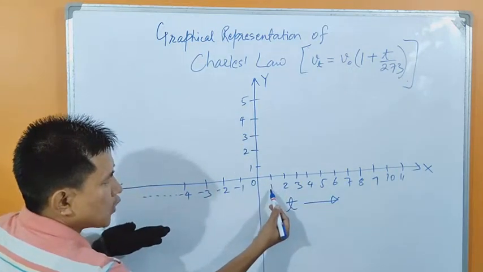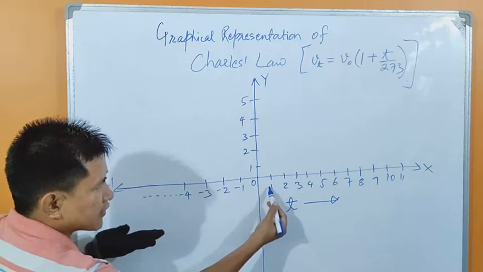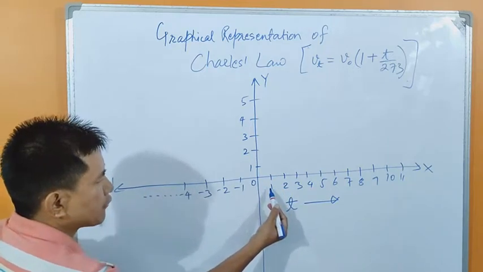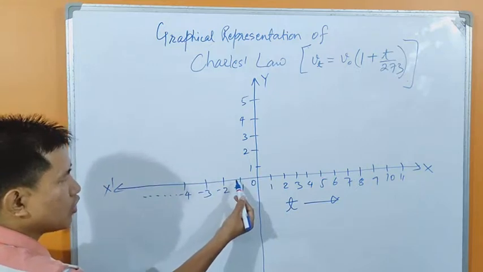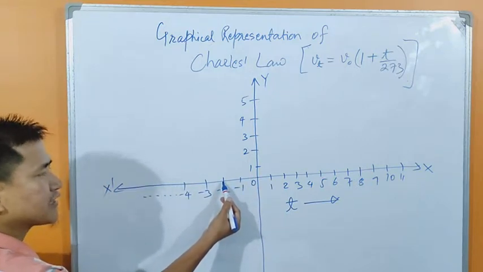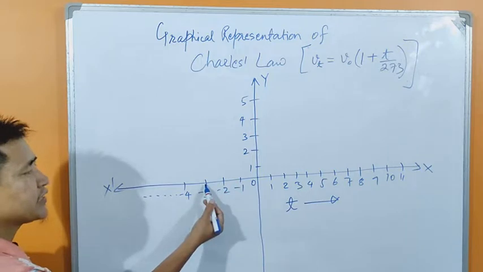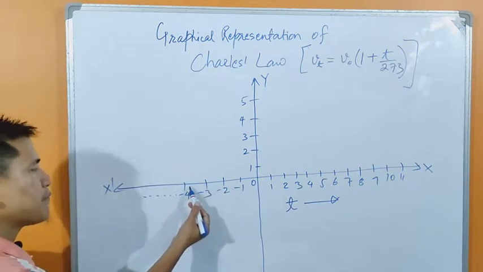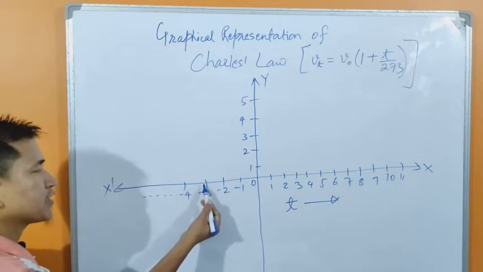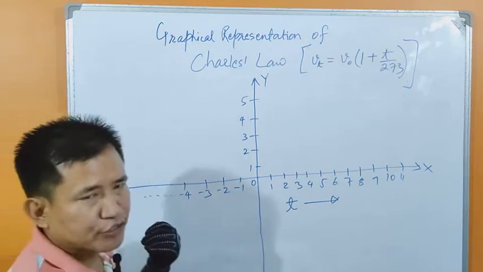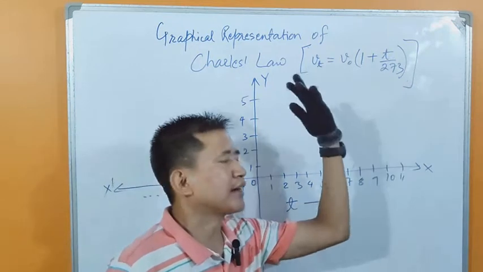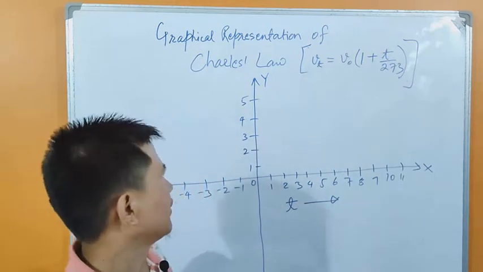We are moving from right towards left. 0 degrees Celsius, -1 degree Celsius is lesser than 0, -2 is lesser than -1, -3 is lesser than -2, -4 is lesser than -3, and so on. If you move left, temperature decreases, and if you move right, temperature increases.